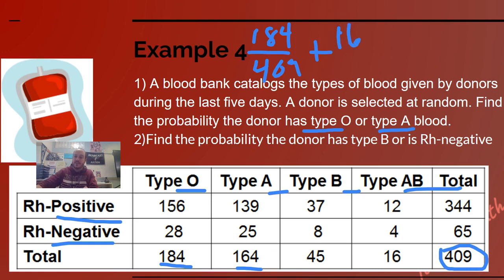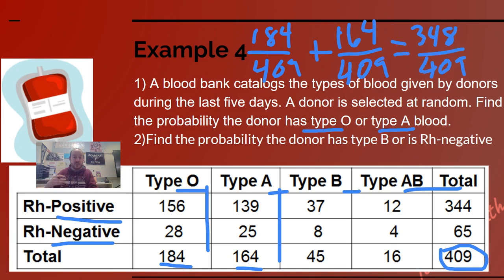So I have 164 people that have my type A blood. Now, type A and type O don't overlap. You can't be both. So we don't have to worry about this whole idea of subtracting in this case. So we just need to add across the top, since we have the same number on the bottom, to give us 348 out of that 409, and we would be done with this question.